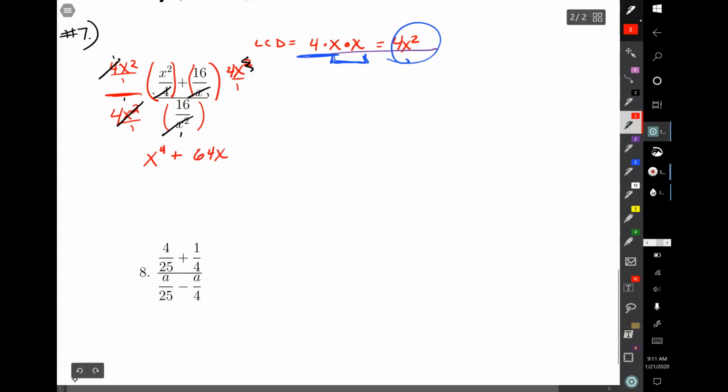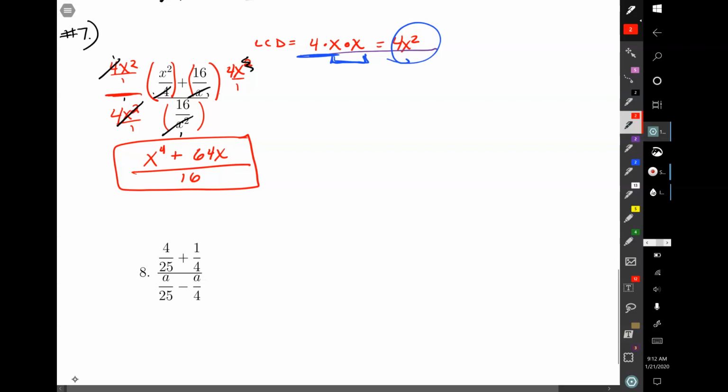And then all divided by 16. I could factor an x out of the numerator, but there's no x in the denominator left to worry about that. So my final answer is x to the 4th plus 64x over 16.